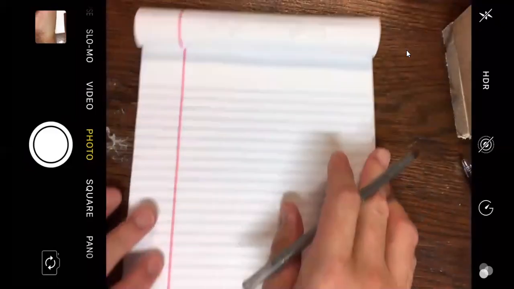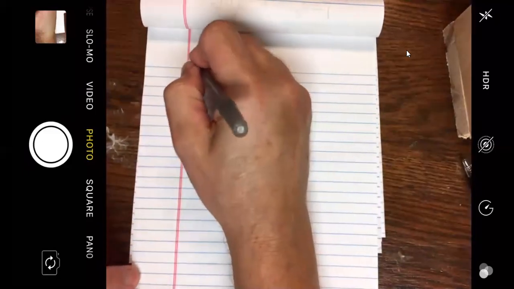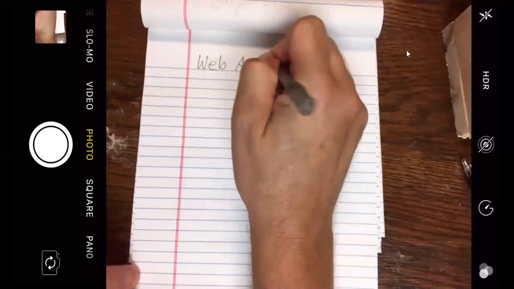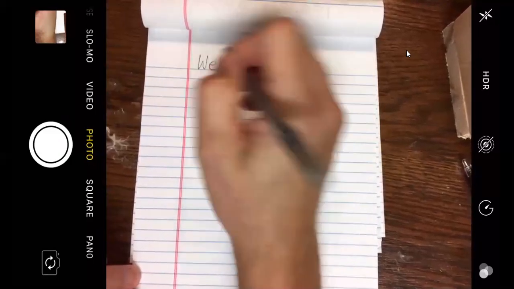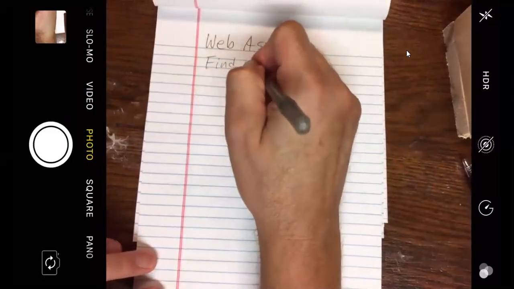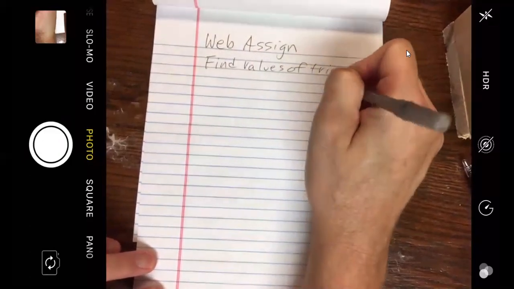Cool. This next one says find the values of the trigonometric functions of theta from the information given. This is WebAssign, 5.3. It says find the values of the trig functions. And what's the given information?